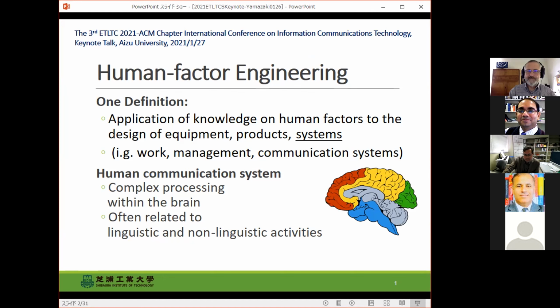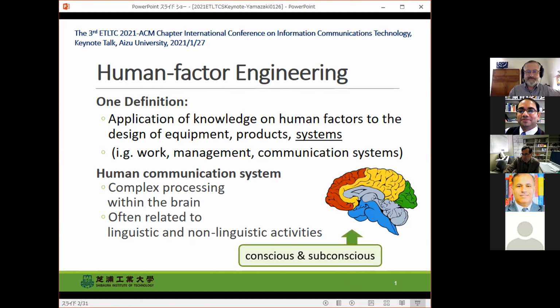Human communication also involves linguistic and non-linguistic activities, and they are, of course, conscious and subconscious processes inside of our brain.